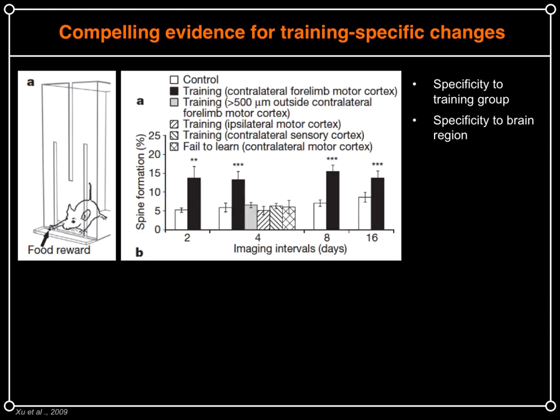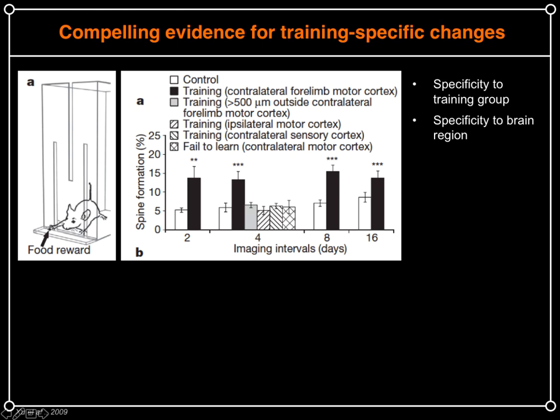What makes this really compelling is that relative to a control group, which is in white, this particular study showed that the change is specific to the training group in the contralateral forelimb motor cortex. So the trained motor cortex showed a proliferation of dendritic spines, unlike the region outside the contralateral forelimb motor cortex, which is in gray, as well as the ipsilateral motor cortex.